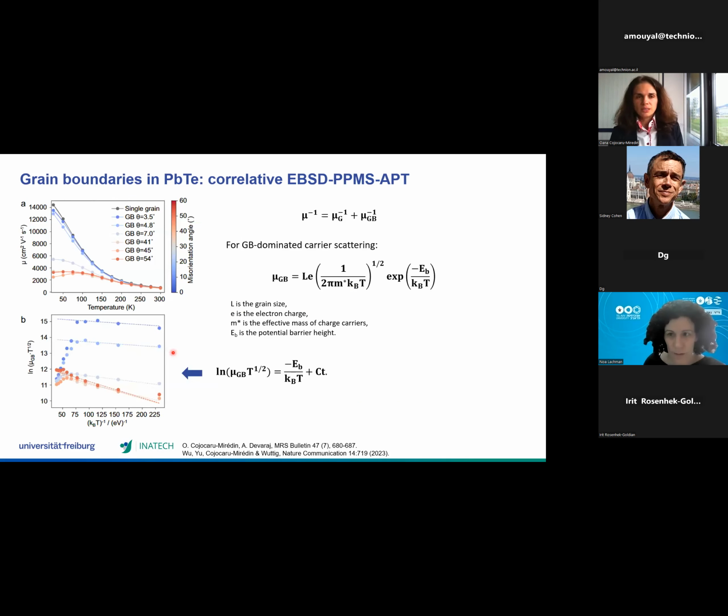So these are the results we have obtained. We have the mobility versus the temperature, and we have done this characterization for different types of grain boundaries with different misorientation angles.